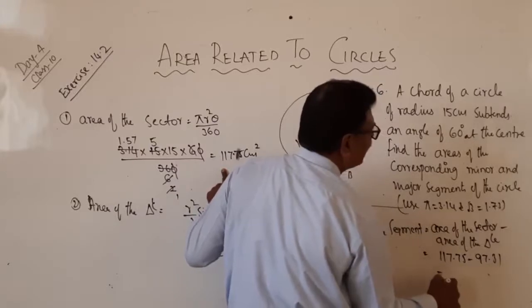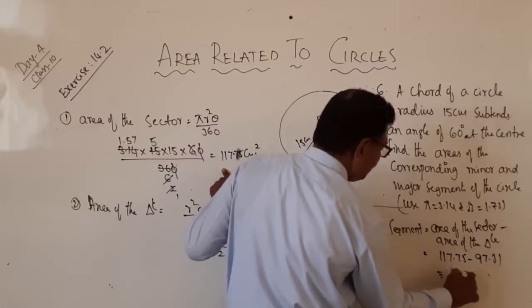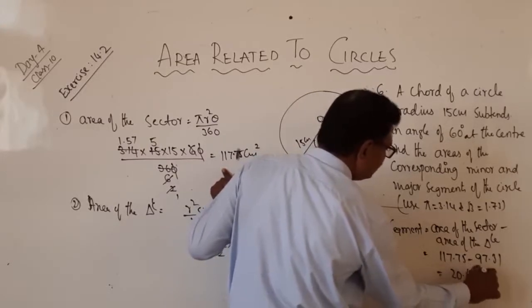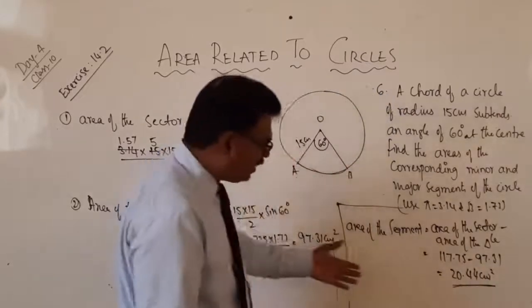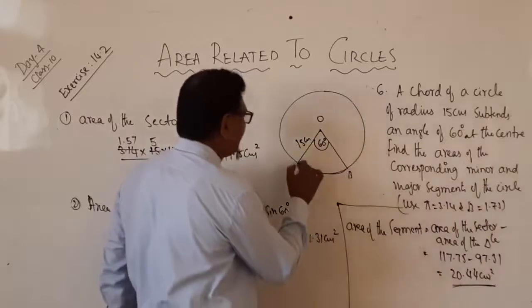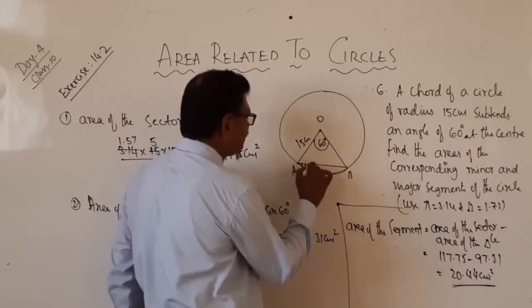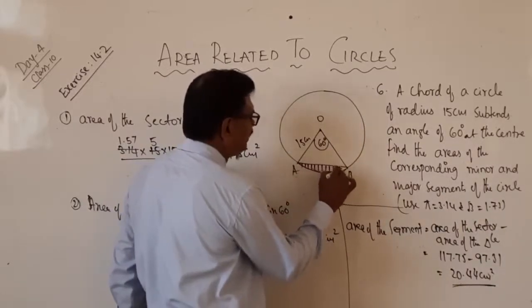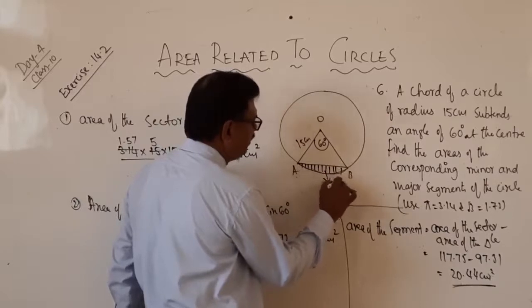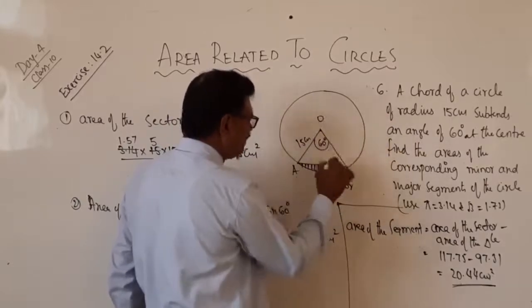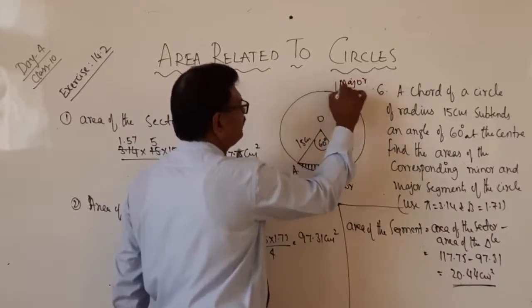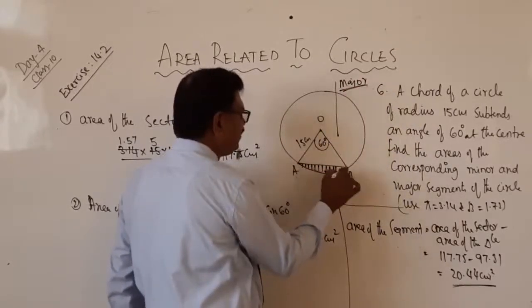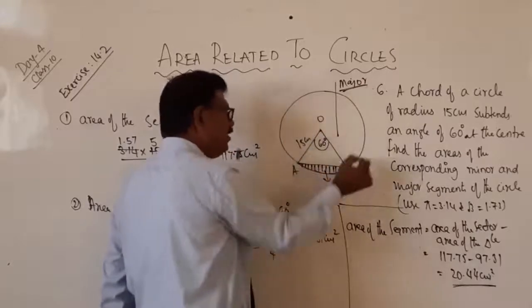It will come across 20.44 centimeter square. Therefore, this is the area of the minor segment. Minor segment means like this. This is the minor segment, and the remaining is nothing but the major segment. Okay? This is the minor. The remaining will be major.